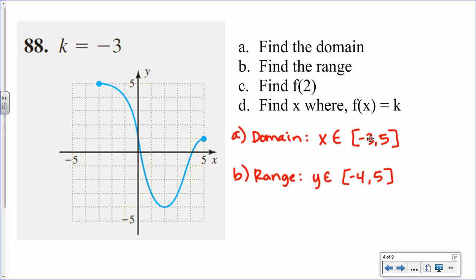So your negative 3 to 5 here, and then negative 4 to 5 here. It's your minimum to maximum. I know it's really easy to want to do the endpoints, so we want to do 1 to 5. But that wouldn't cover your whole graph. The minimum of your graph here is negative 4. The minimum is down here. Okay.